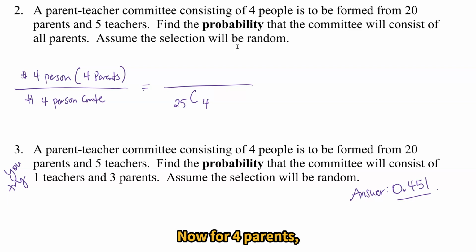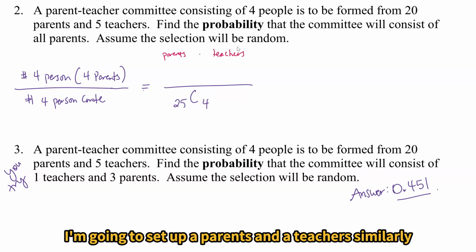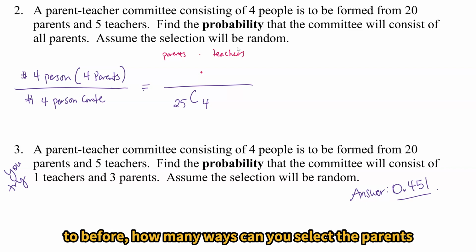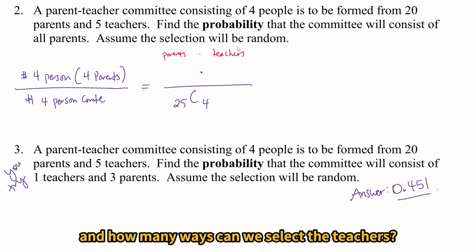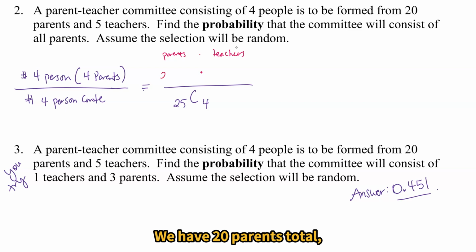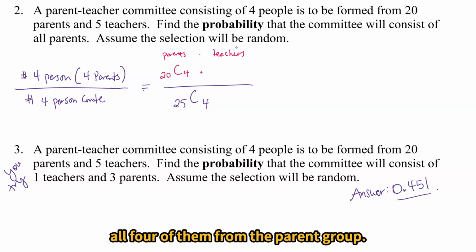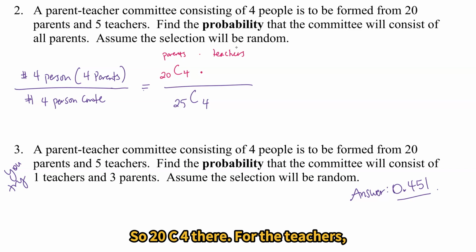Now for 4 parents, I'm going to set up a parents and a teachers similarly to before. How many ways can we select the parents and how many ways can we select the teachers? We have 20 parents total, and we're going to select all 4 of them from the parent group. So 20C4 there. For the teachers, we have 5 teachers, but we're choosing none of them.